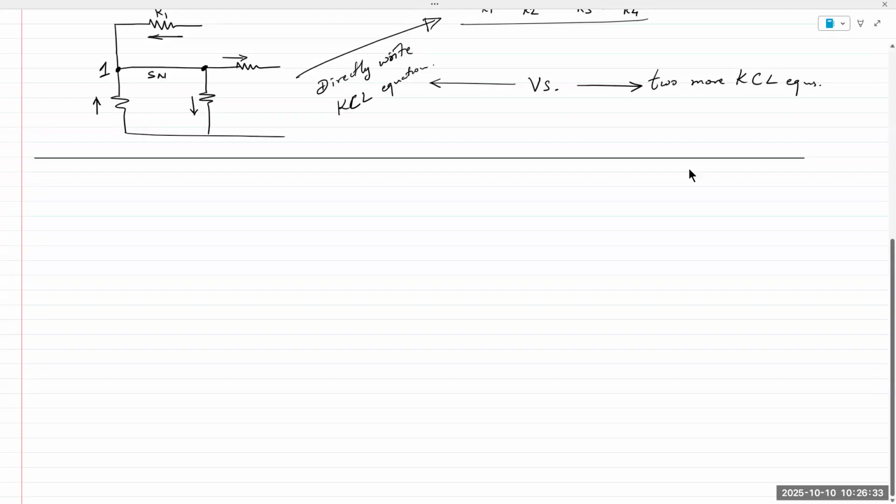So in mesh current analysis, if you watch the lecture video and you have reviewed the slides, we do the same thing as with node voltage, except we use KVL, apply KVL to generate our equations.